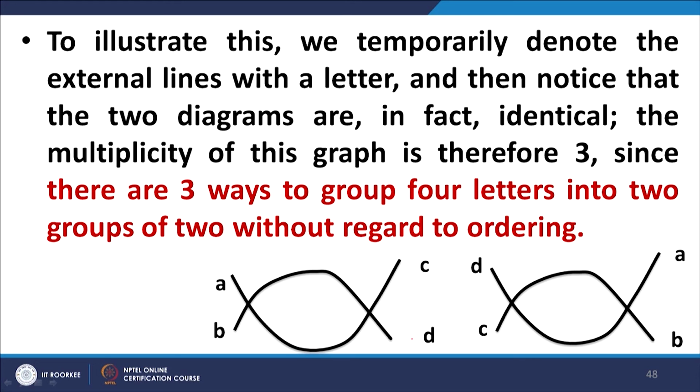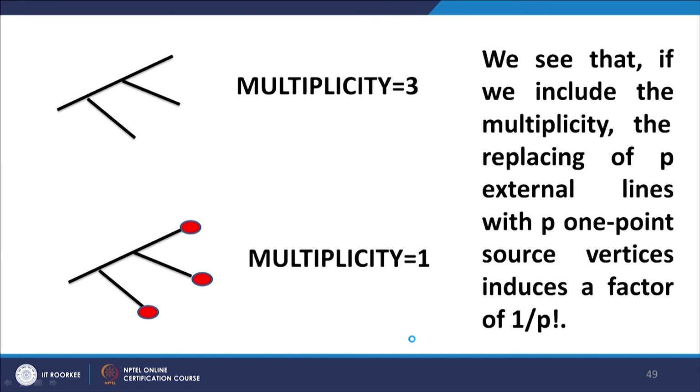So, there are 3 ways in which these legs can be numbered or identified without disturbing the structure of the diagram, and therefore, this diagram will carry a multiplicity of 3. So, that is how we need to work out the multiplicity of a diagram, which is also relevant when we compute the value of a Feynman diagram. For example, in this case the multiplicity of this diagram is 3. However, when you attach a source vertex to each of them, the multiplicity becomes 1.